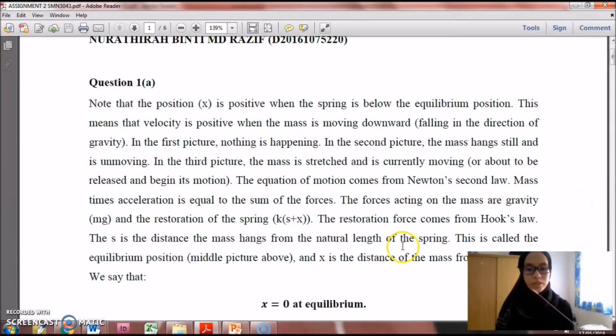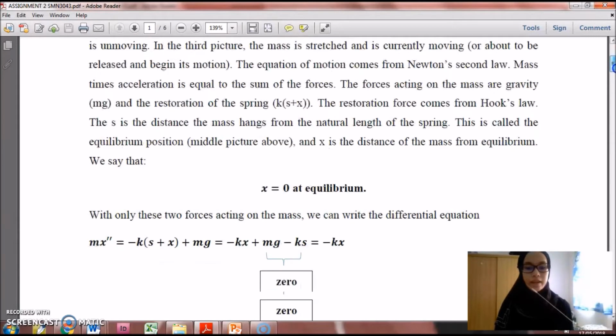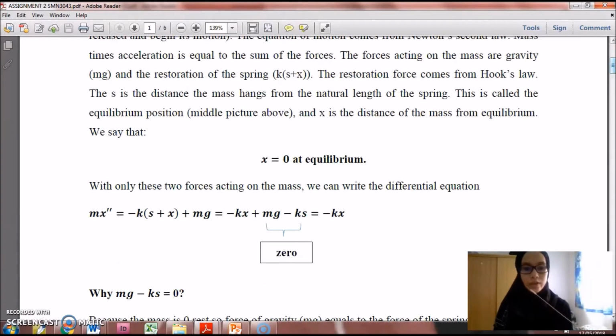Then the restoring force comes from Hooke's law. That is the distance the mass hangs from the natural length of the spring. This is called the equilibrium position for the middle picture. And x is the distance of the mass from equilibrium. We can say that x is equal to 0 at equilibrium.